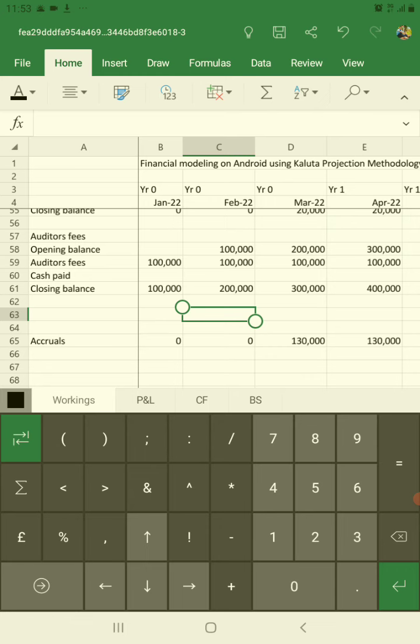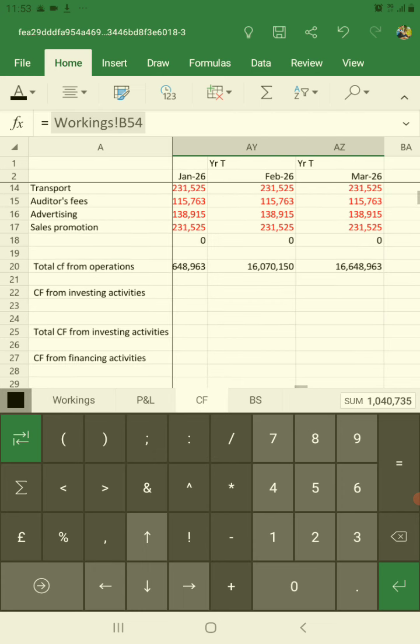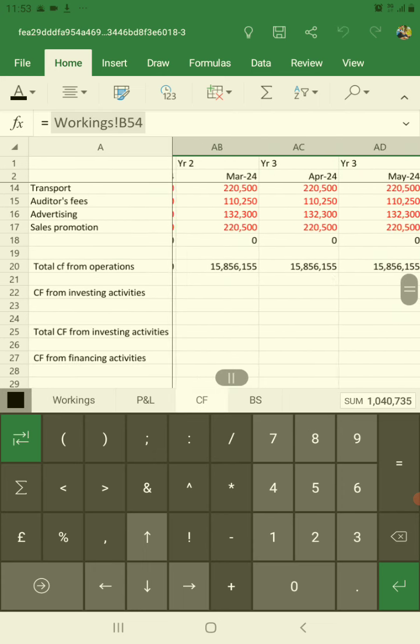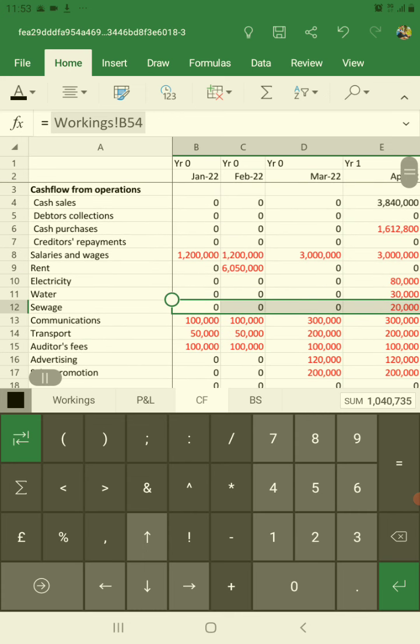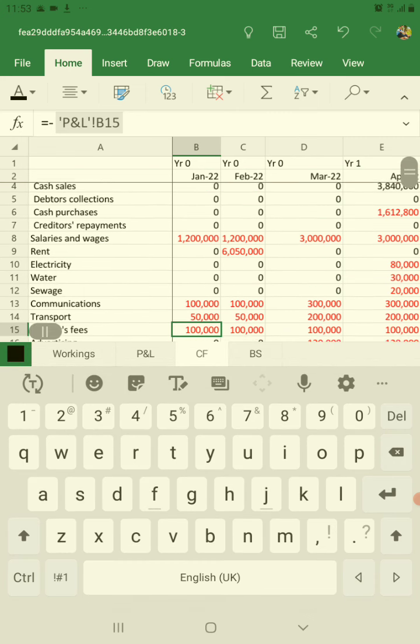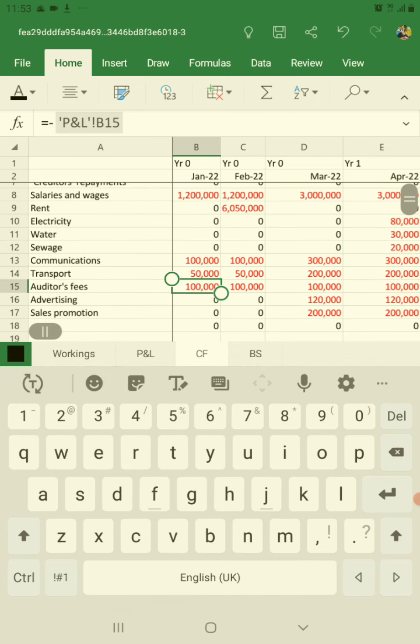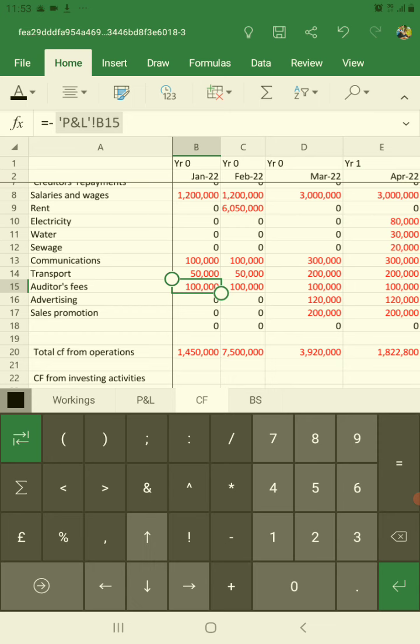Let us start on cash flow. Cash flow here for auditor's fees in January, we start with an equal sign. We change this, so we go with the new modeling.